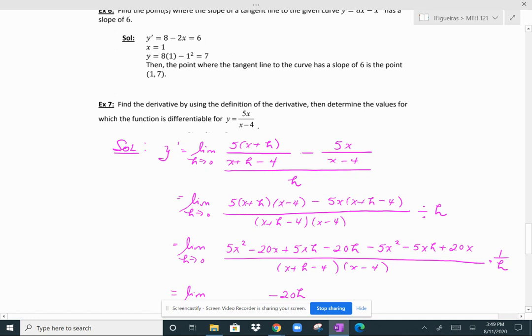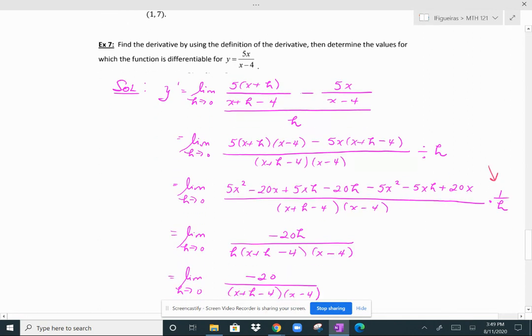So in the numerator, you have to expand and distribute. And then I also rewrote this divided by h as times 1 over h to show you why that h then ends up getting multiplied by the common denominator.